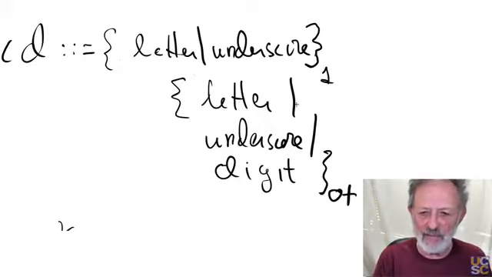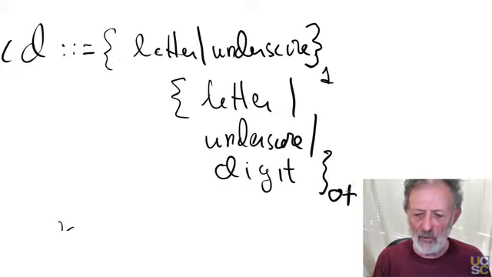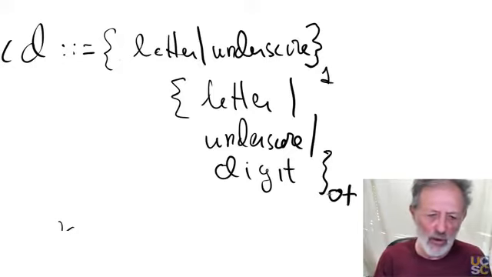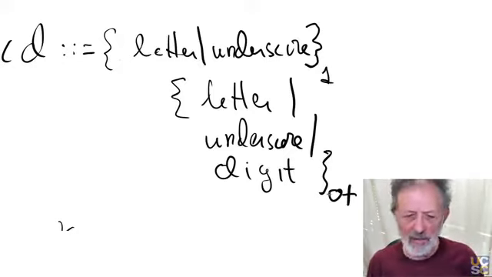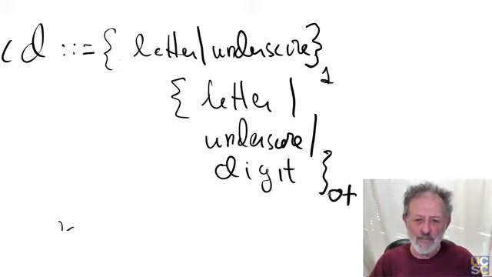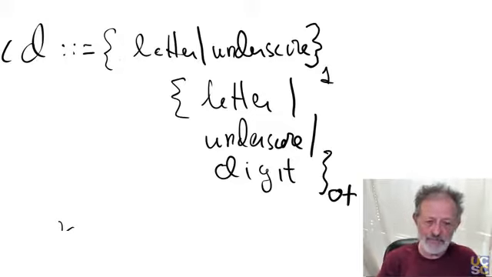And then following it, I have a letter or underscore or digit, and I can have that 0 or more times. The plus sign means as many times as I want. So identifiers can be arbitrarily long. Generally speaking, you're not going to see identifiers that are more than 10 or 12 characters. That would be as big an identifier as you're likely to see.